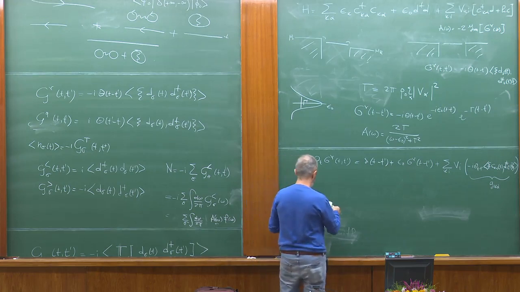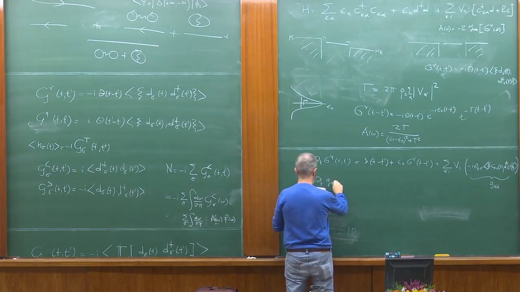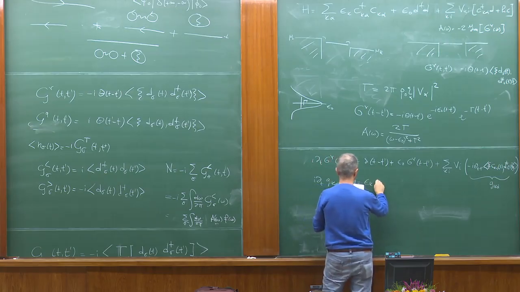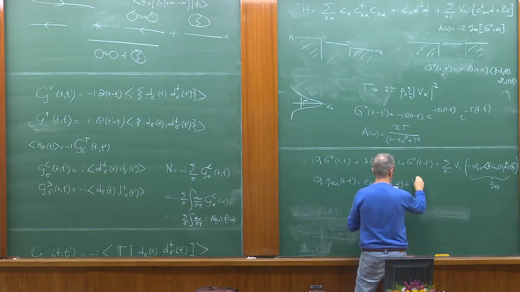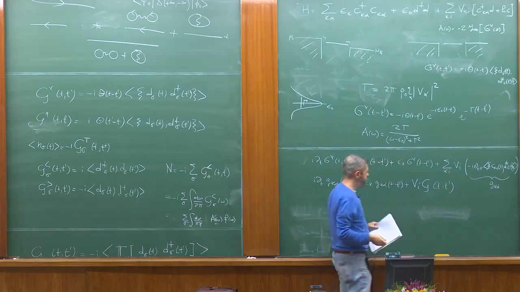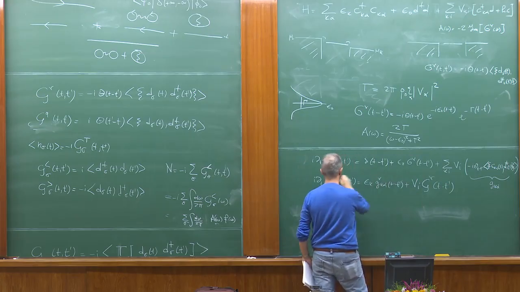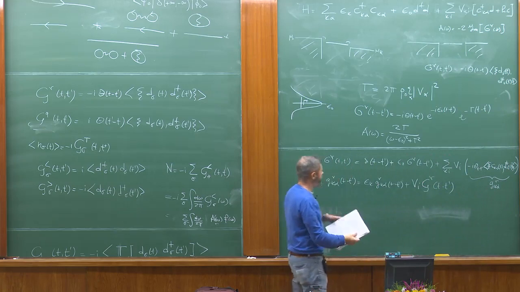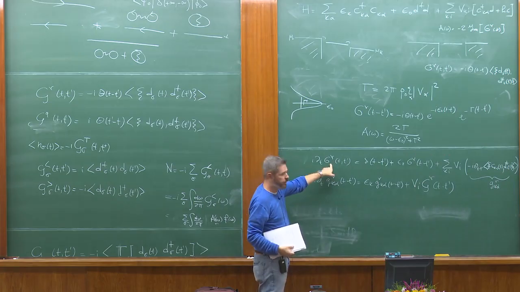But if it's non-interacting, then the second equation will look like this. Everything is retarded. And you see that now these two equations are closed. I can solve them. I can solve for G retarded.